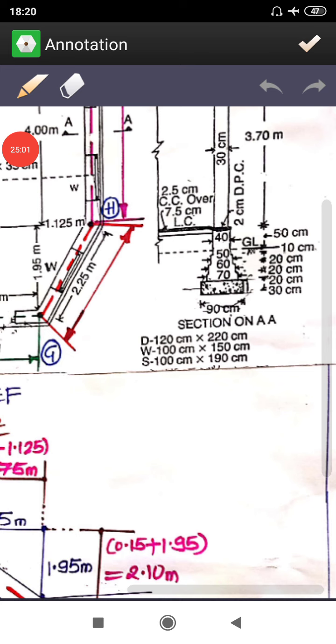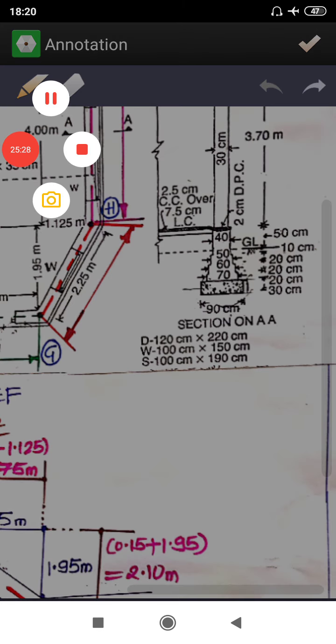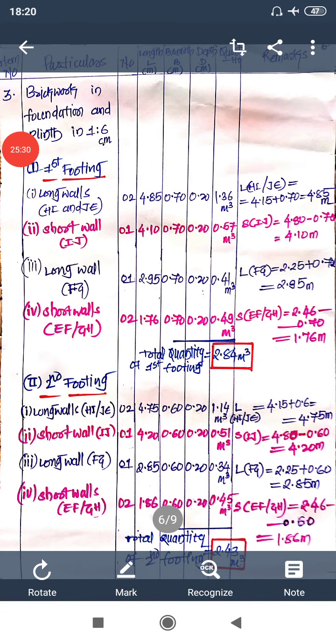First footing is 70 centimeter width, and then the thickness is 0.2 or 20 centimeter. Similarly for the other footings: width is 60, thickness is 20; width is 50, thickness is 20. Then you will be having a plinth of 40 centimeter width and 60 centimeter thickness, right? Now all together we'll see that right here in the calculation I have shown.